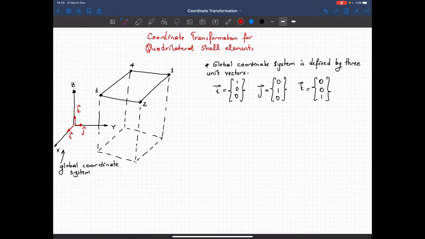Now I also need three unit vectors to define the local coordinate system.